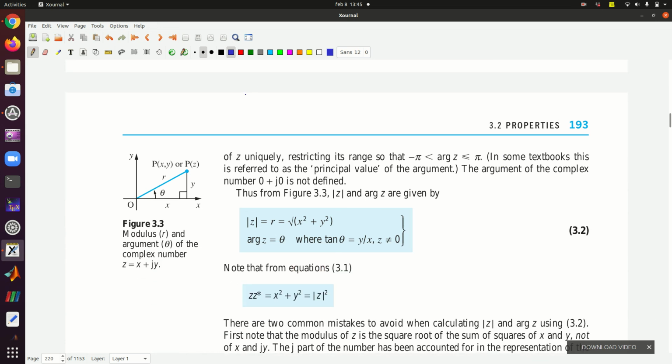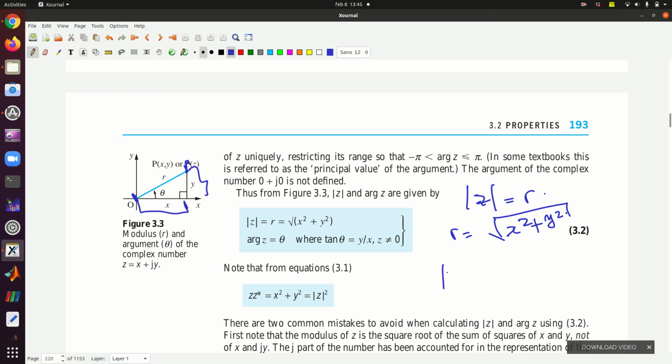If you have a complex number z, and P is the position of z, then r here is called the modulus. The modulus of our complex number is r. This is the distance, and to get that distance r, from Pythagoras theorem it is just the square root of x squared plus y squared.